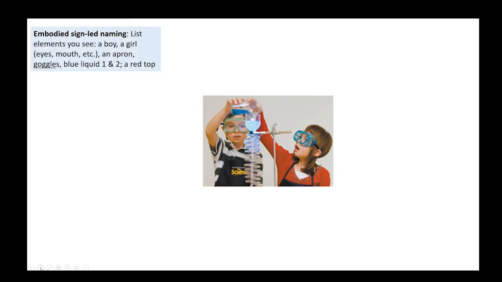When we think about the sign, what is the embodied sign, what is shown, we would ask learners to list all the elements you see. What you define as an element is entirely up to you, which level of detail.